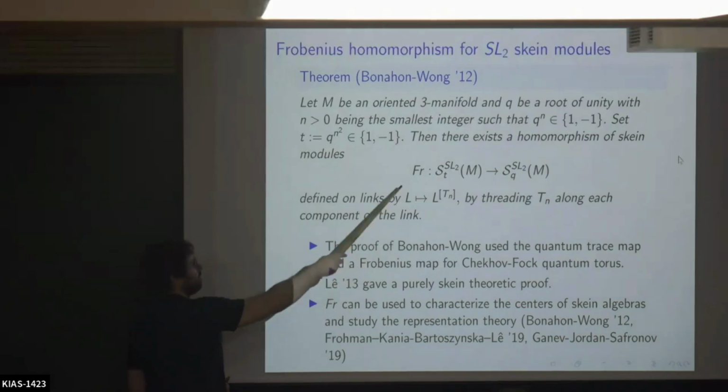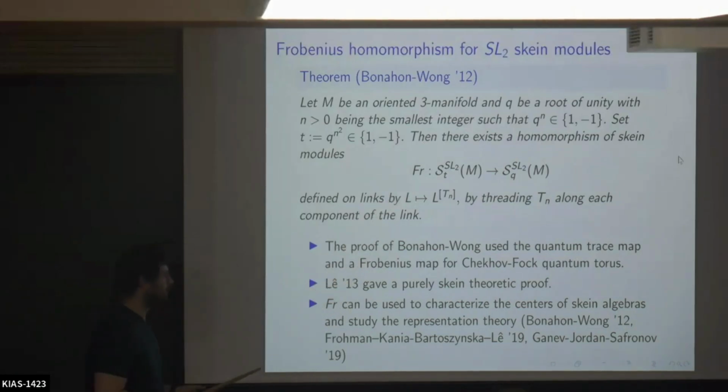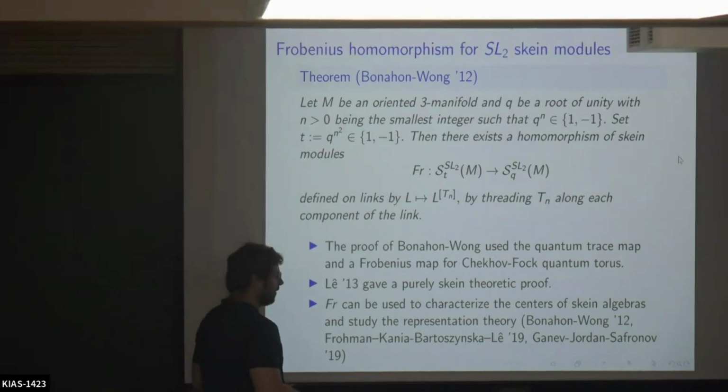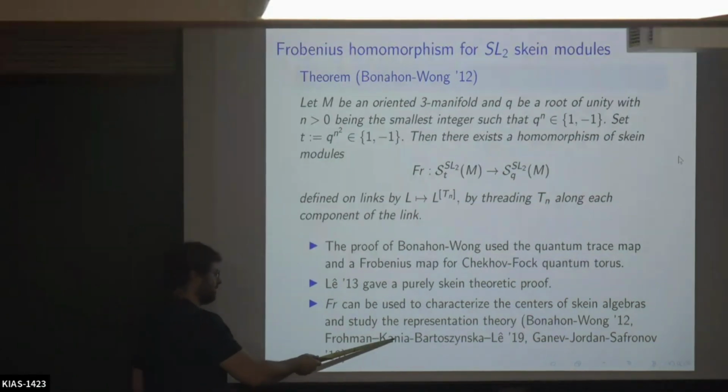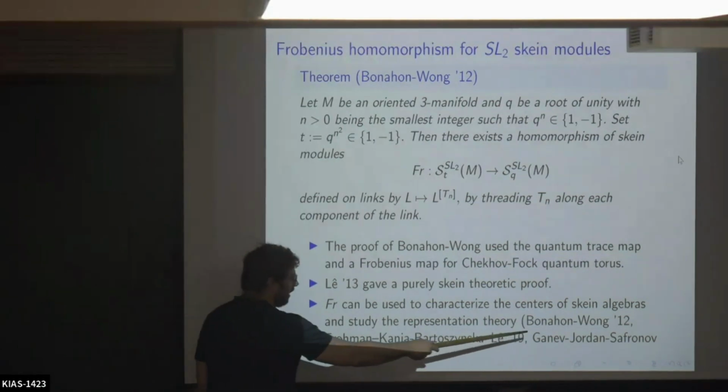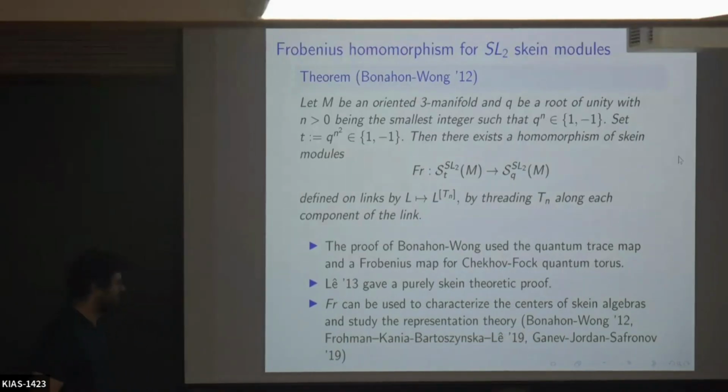And this homomorphism, not only is it well defined, but you can use it to construct central elements of Skein algebras, and you can characterize the centers and study the representation theory. So Bonahon-Wong originated that study, and then it's sort of been completed by Charlie Frohman, Johanna Kania-Bartoszynska, Tangley, and Jordan Gunev, David Jordan, and Pavel Safronov.